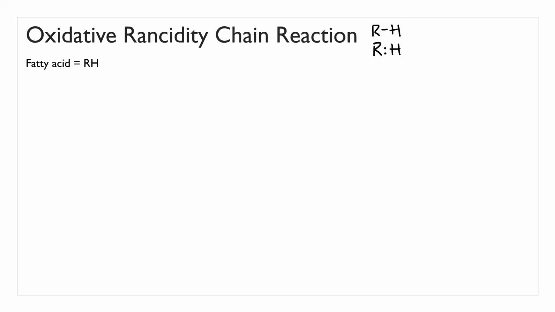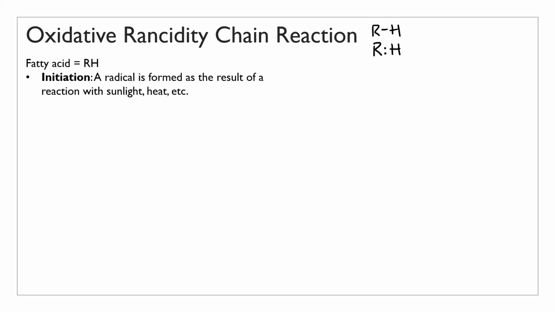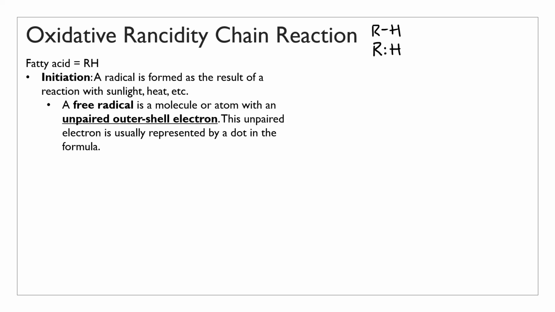So that's that. The first thing that will happen with oxidative rancidity is a process called initiation. So the reaction starts. Initiation happens when a radical is formed, and this is normally as a result of a reaction with sunlight or heat, mainly those two. Sometimes it just randomly becomes rancid because it can. Probably a good position to define what a free radical is, because I don't think I've done this before.